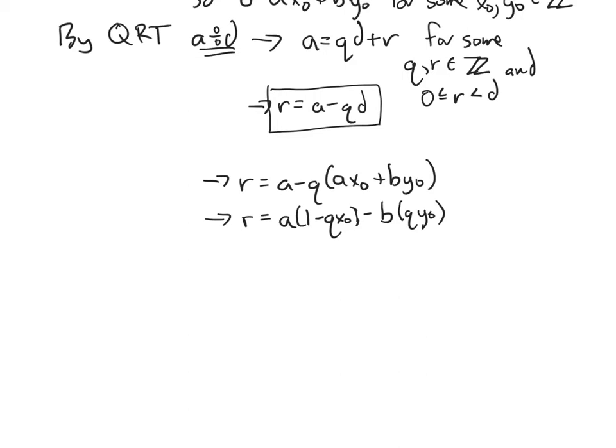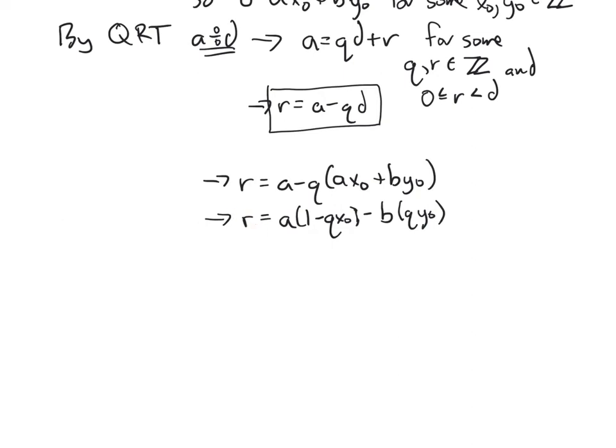So now, we know R is a remainder. So what does that tell us? Well, it says that R is a linear combination of A and B. 1 minus QX naught is an integer. QY naught is an integer. Actually, negative QY naught is an integer.